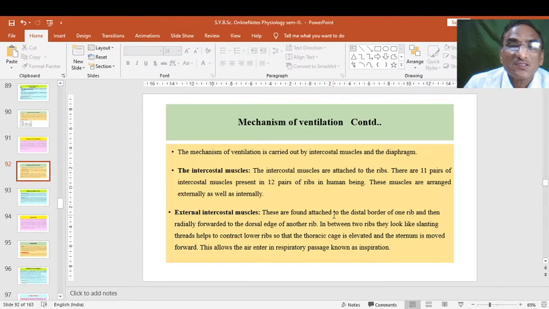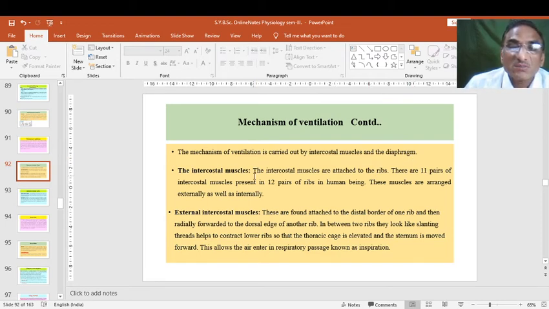Now, how is the actual mechanism of movement of these ribs, the sternum, intercostal muscles, and diaphragm facilitated? The mechanism of ventilation is carried out by intercostal muscles and the diaphragm mainly.